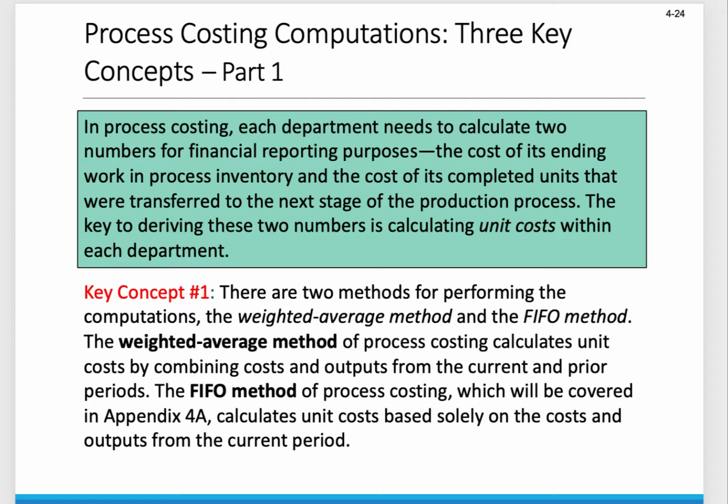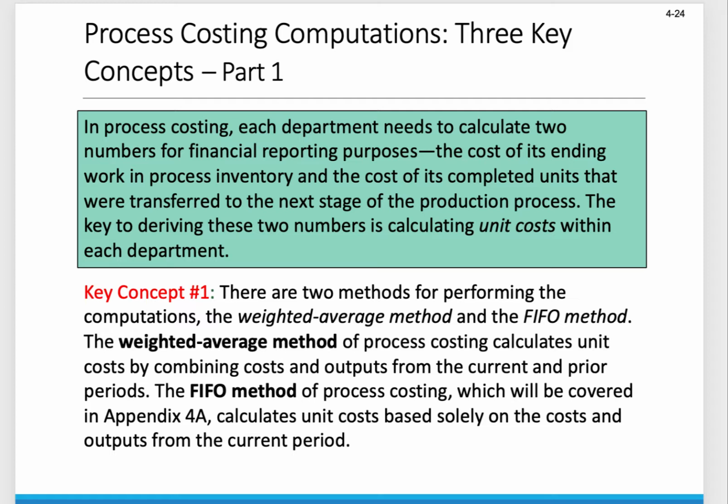Well, the first thing we need to really understand is equivalent units, right? We need to recognize that these equivalent units can actually be calculated in 2 ways, FIFO or the average cost method. Now, the book talks specifically about the average cost method, and then there's an appendix that talks about FIFO. Don't worry about FIFO. Not going to cover it. We're going to stick with the average cost method. It's a lot easier.